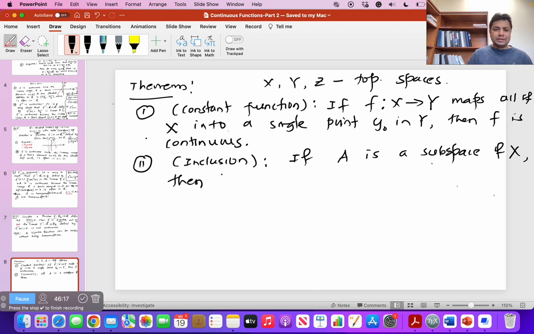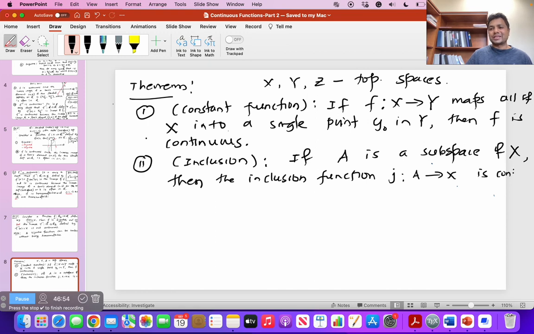So we have a subset of X, and you define a map from A to X, from a smaller set to a bigger set, where the smaller one is a subset of the bigger one. If A is a subspace of X, then the inclusion function, which we usually denote by j (i is for identity, j is for inclusion), j from A to X is continuous.